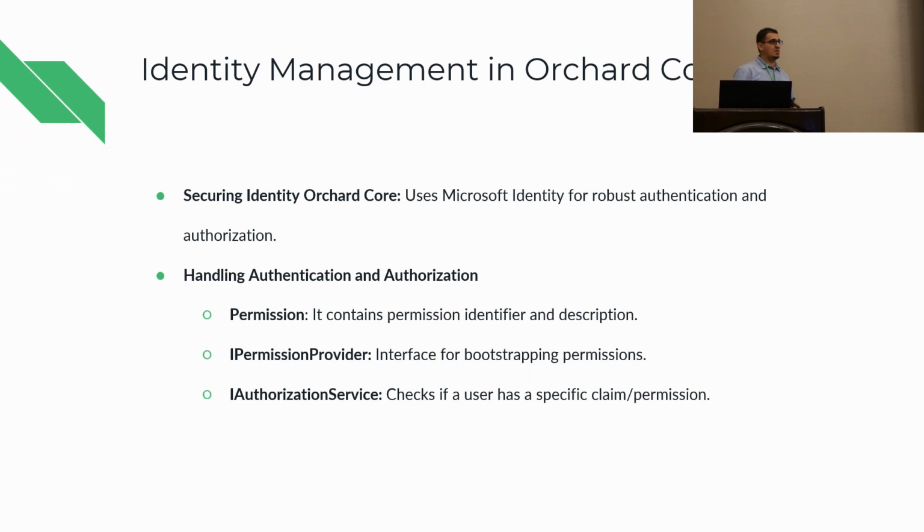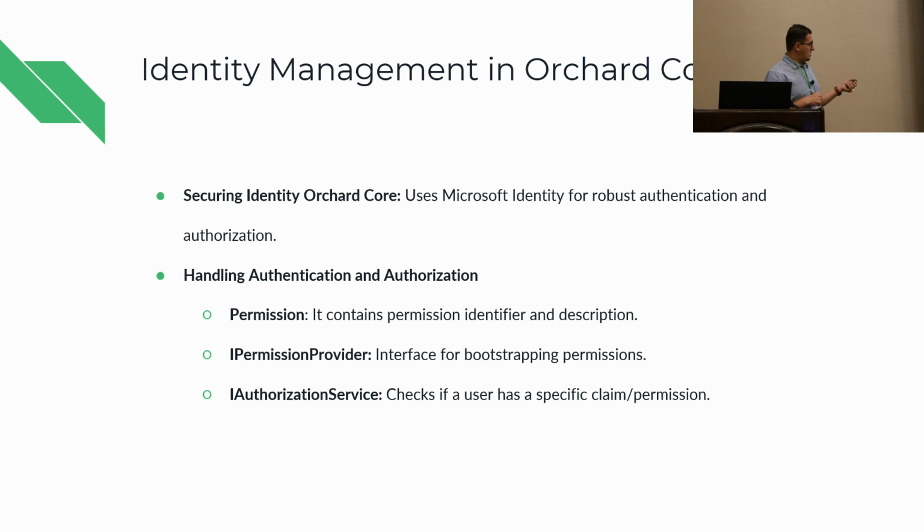Hopefully everyone is familiar with it, but it allows you to create an instance of a permission by providing a unique ID, which is a string, and just a description that is visible in the UI, so people can actually see and know what this permission means. And the second thing we have is the IPermissionProvider, which allows you to bootstrap your permission with the rest of the app, so that your app, your UI, your authentication, everything knows about that custom permission that you implemented.